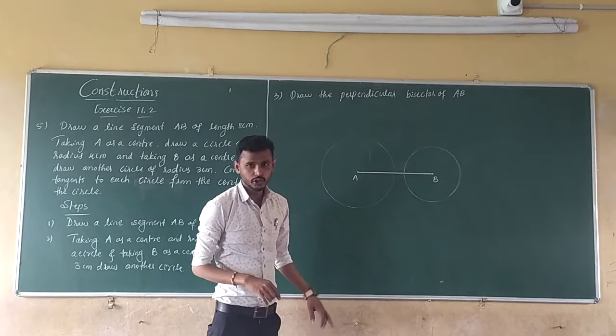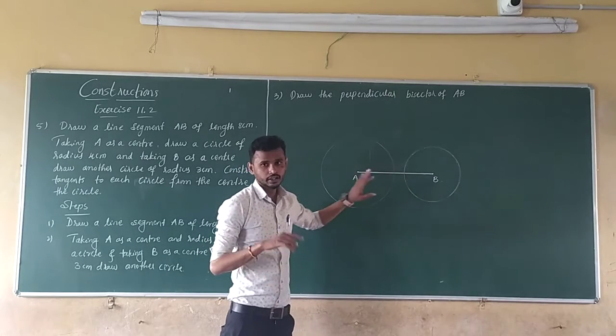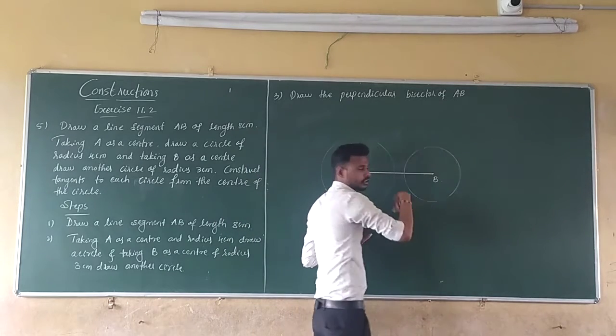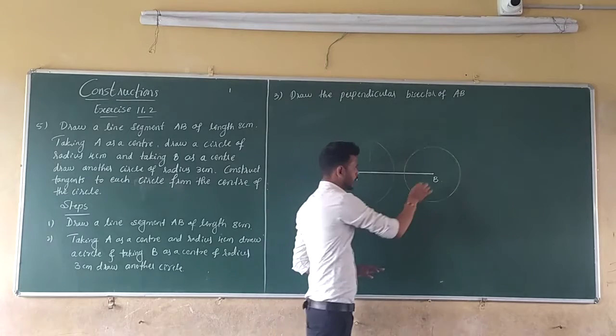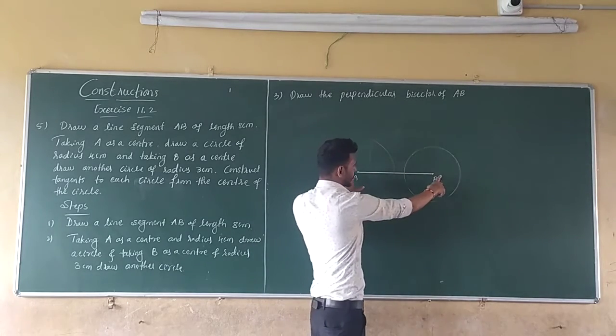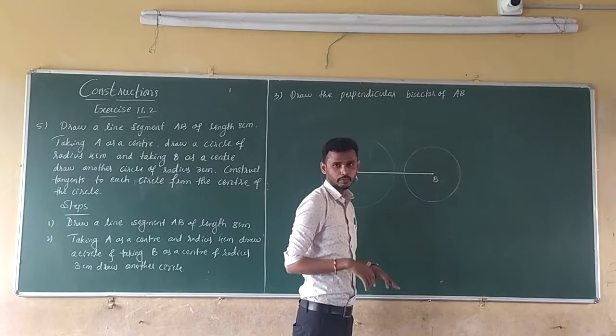Why? We need to find the perpendicular bisector of AB only. This is the center of the circle and this is like the external point, because from the point B only we need to draw the tangents. That means this will become the total line segment, so you need to find the perpendicular bisector of AB.